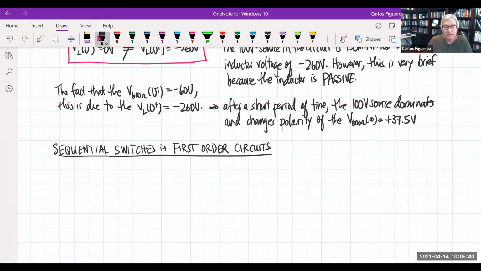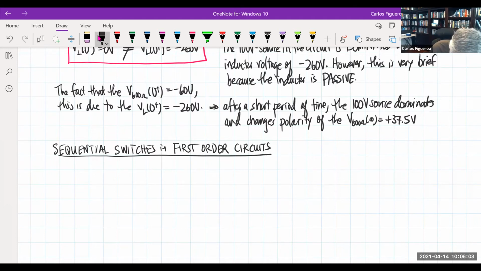So what do I mean by sequential switches? Sequential switches means that I have more than one switch in a circuit and that they switch, either open or close, at different time intervals.